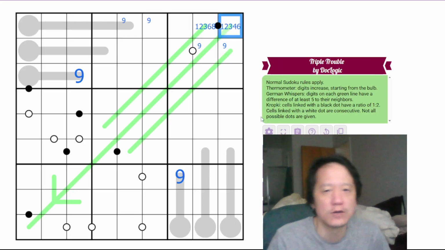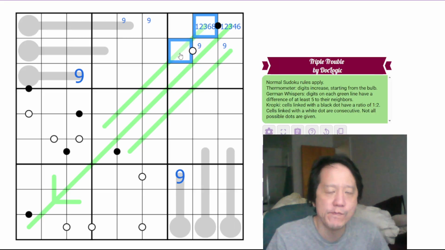If 8 were here, that would force 4 to be over here. And that's not allowed because 4 has to be next to 9 on a German whisper line. If this were 3 here, that would force 6 to be here, and 6 has to be next to 1.